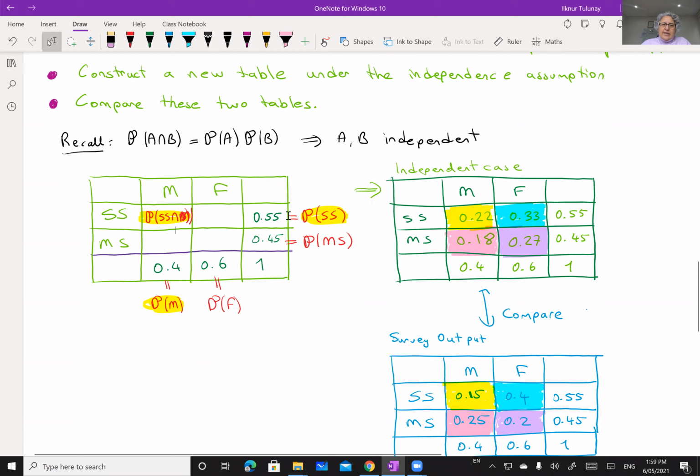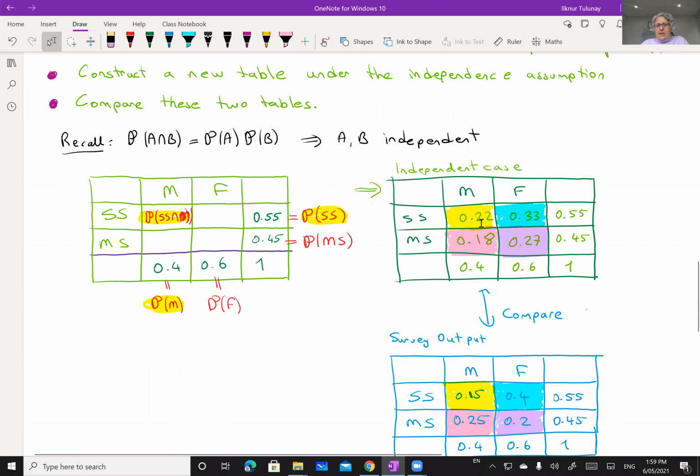So this is an intersection probability of P(M) and P(SS). That is the probability of social science. This is the probability of math science. And this is the probability of being a male, probability of female, and this area is the intersection probabilities, as I've just said, but I would like to express it in terms of facts. So that's what it is.